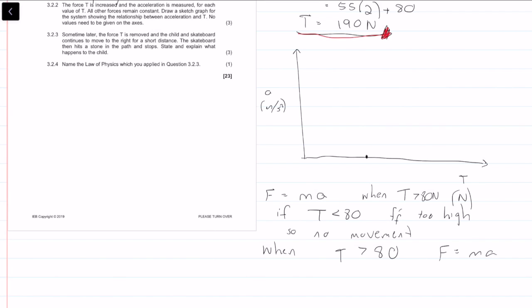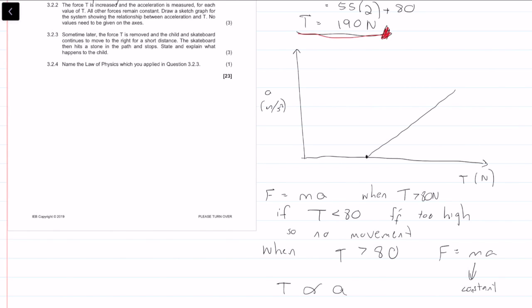The mass is constant, so the force T is directly proportional to the acceleration here. After that point, we're going to get a nice straight line, and that's what your graph looks like. Let me just write newtons over here so it makes a bit more sense.